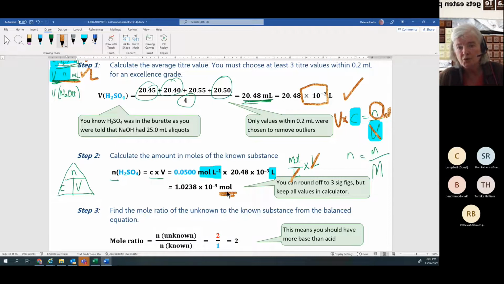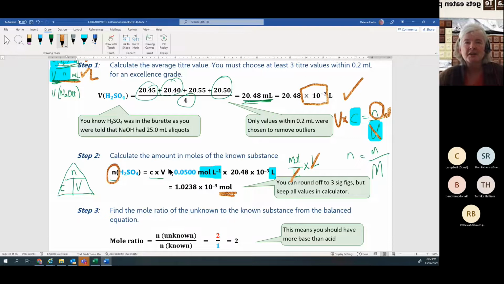And is mole the correct unit for amount? Is that the correct combination? Do I measure amount in mole? You've got a 50% chance of being right. It's either yes, that's the correct unit, or no, it's the wrong unit. Yeah, it's the correct unit.